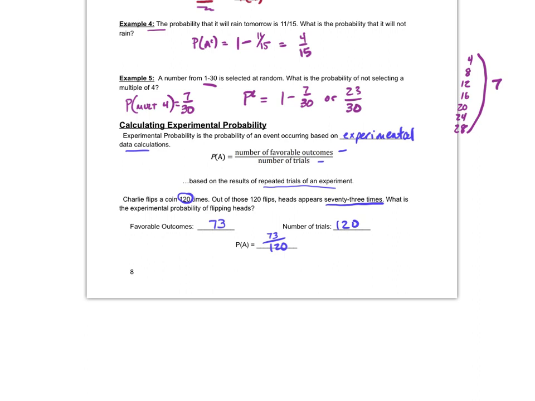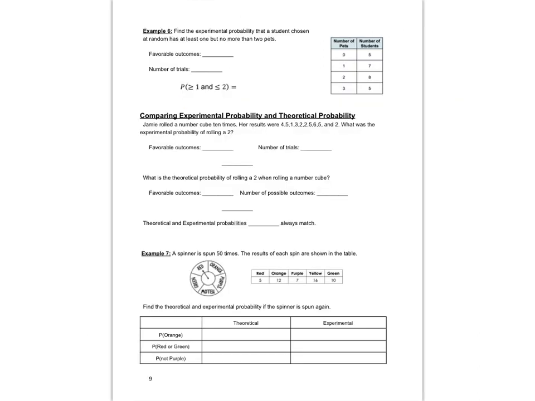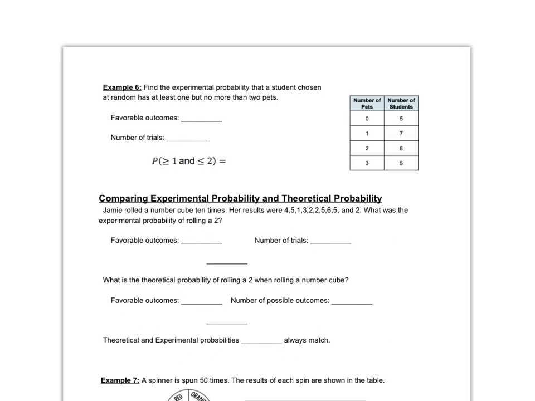And when we simplify that, so continuing on again, looking at the number of favorable outcomes divided by the number of trials. Coming up here, we start talking about example number 6. It says, find the experimental probability that a student chosen at random has at least one, but no more than 2 pets.